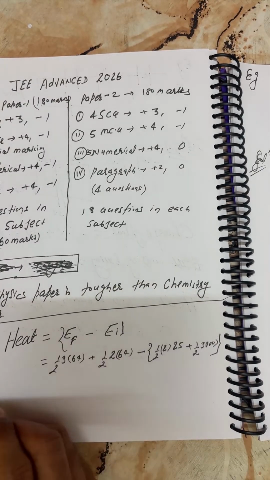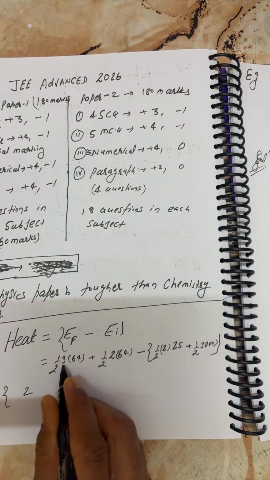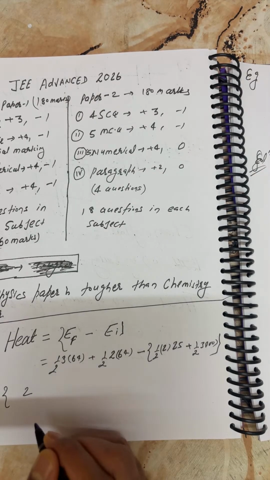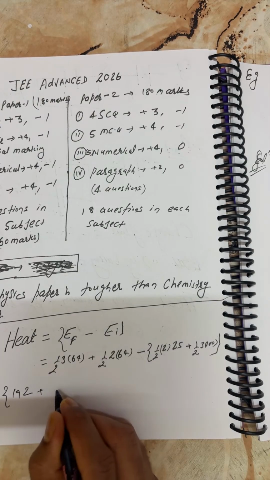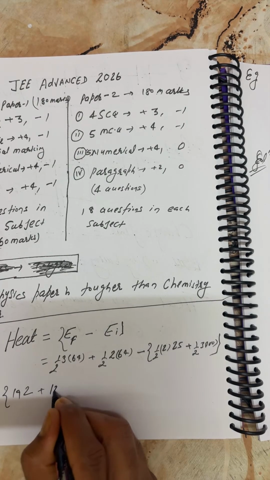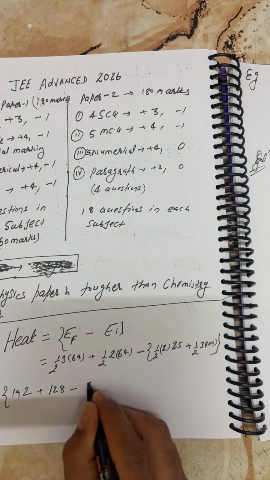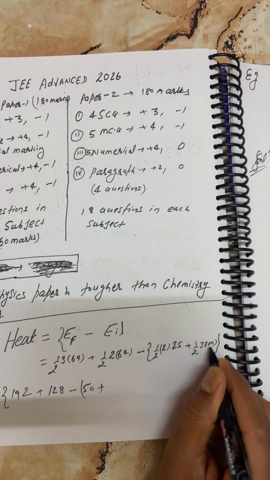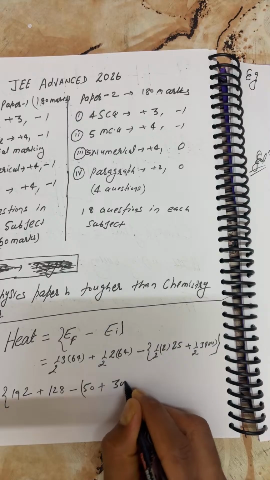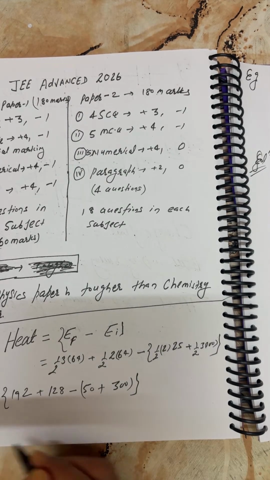So you can take half common everywhere. 64 into 3: 4 3s are 12 and 6 3s are 18 plus 9, 192. 192 plus 64 2s are 128. 128 minus 25 2s are 50 plus 100 into 3, so this is 300. So further solve, kids.